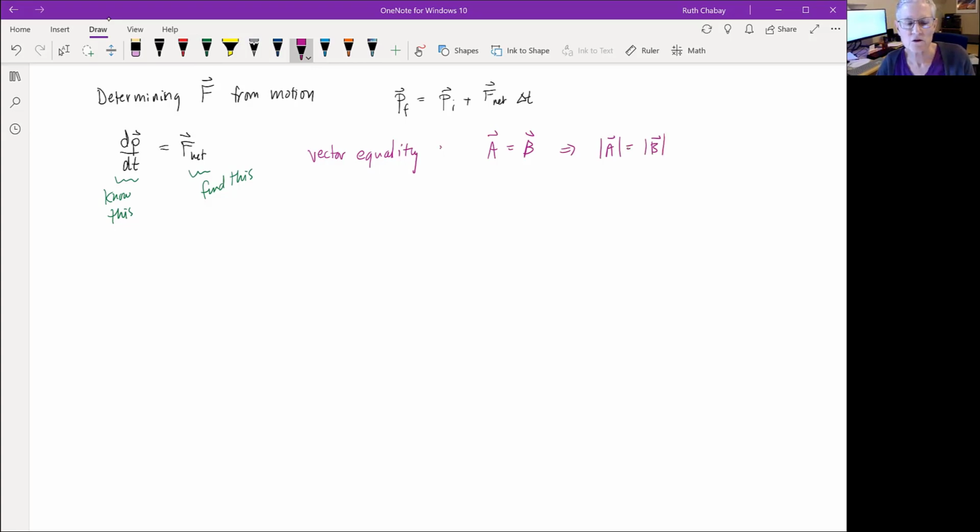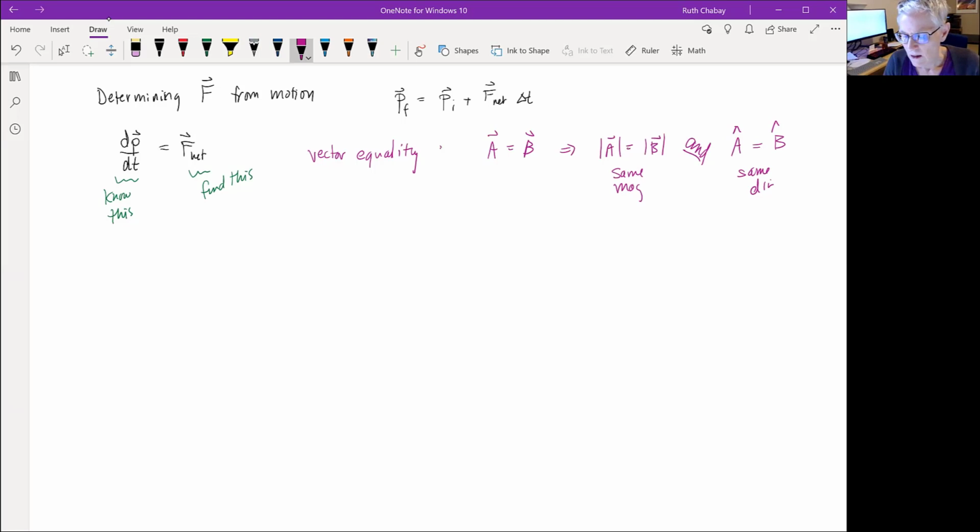And it also means their directions are the same. So if two vectors are equal, their directions have to be equal. So the vector A hat, the unit vector in the direction of A, is the same as the unit vector in the direction of B. And that's going to be really important.